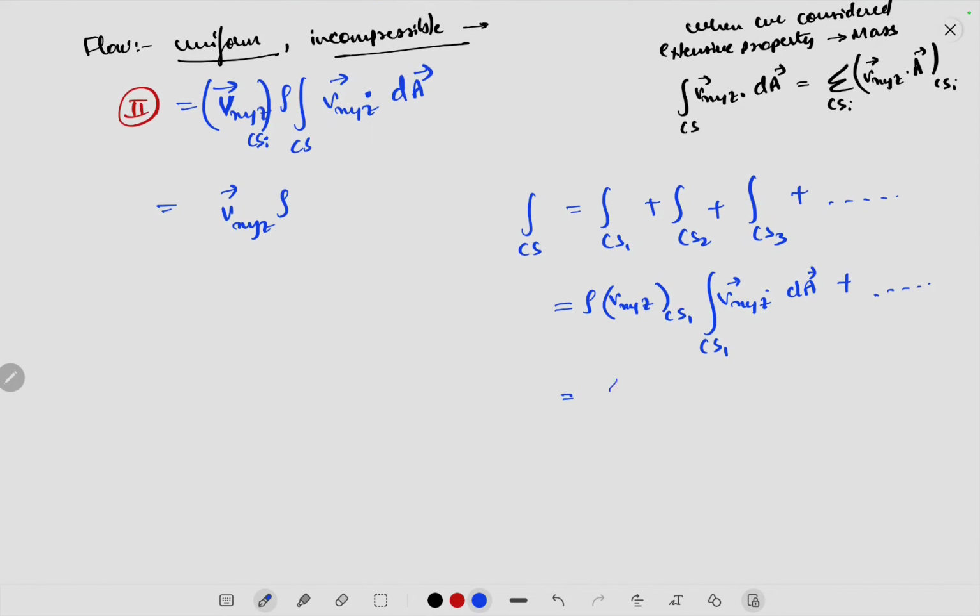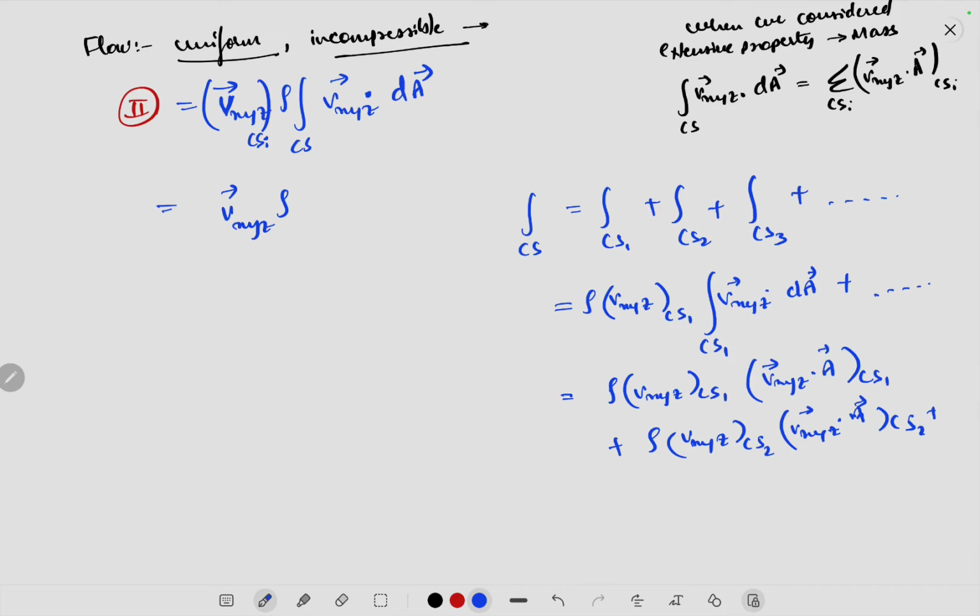So this would become the summation of vxyz dot A vector at cs1 plus rho vxyz at cs2 times vxyz dot A vector at cs2 plus so on.